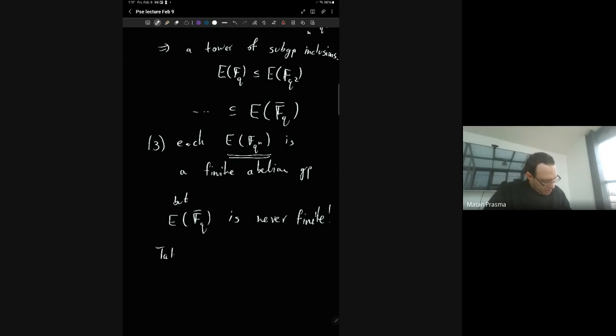So take some y0 in FQ bar. Then I can consider the polynomial x cubed plus ax plus b minus y0 squared. Y0 is now just a constant. And this is a polynomial, let's call it phi.